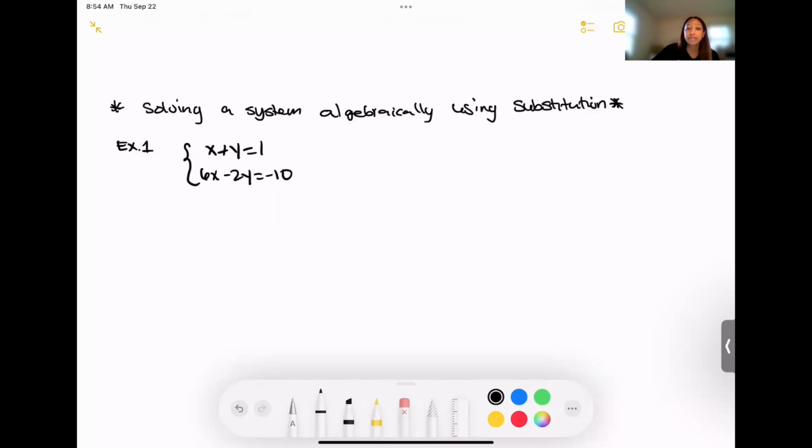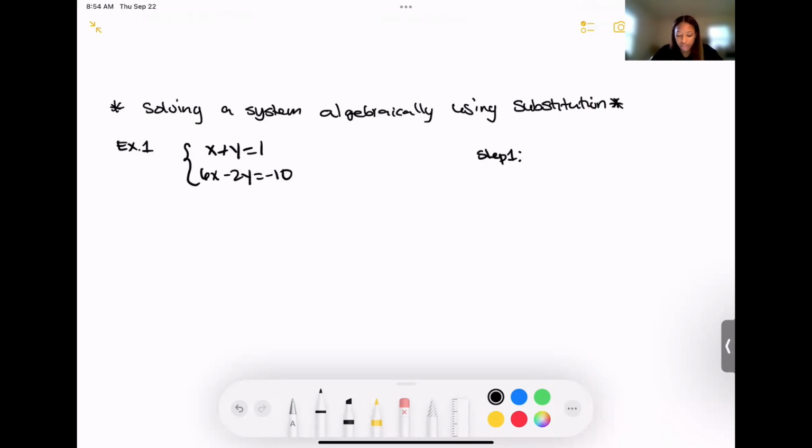So there are steps for doing this. Step 1, you want to look at your system. Usually there's going to be one equation, sometimes both of them, where it's easy to solve for one of your variables. So if we look at these two equations, x plus y equals 1 and 6x minus 2y equals -10, the second equation has more numbers in it, so it looks a little bit more complicated.